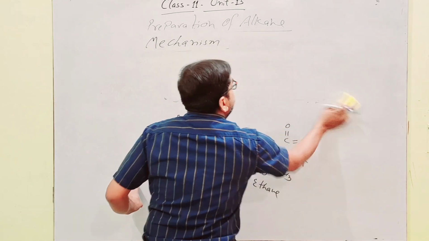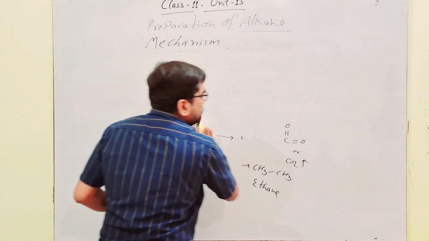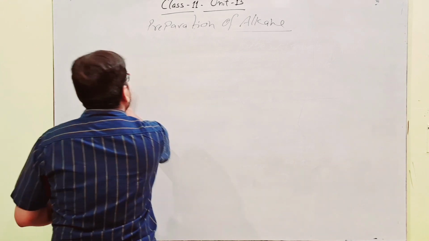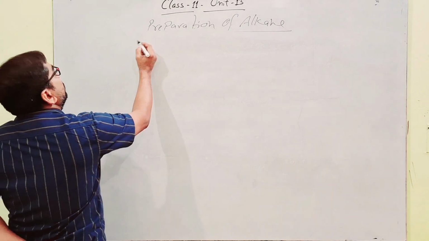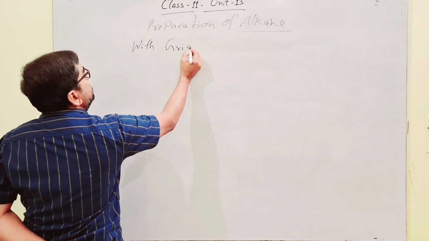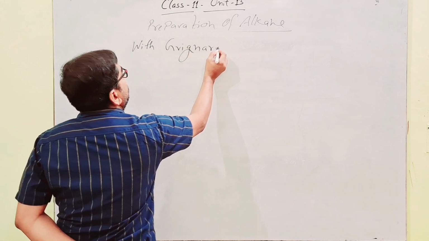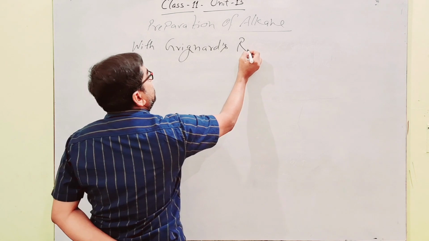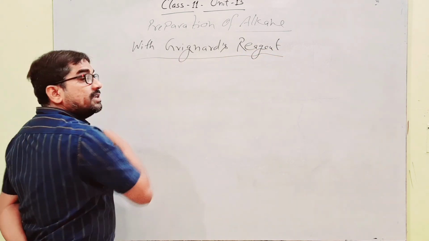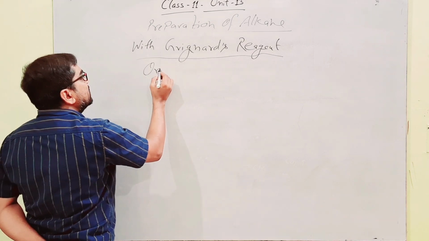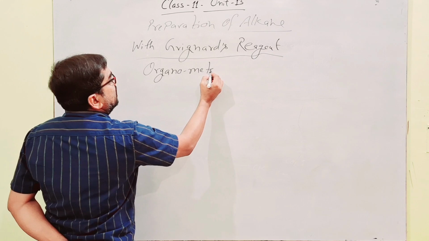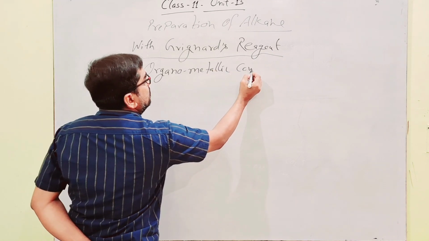Next, with Grignard's reagent. What is Grignard's reagent? Grignard reagent is an organometallic compound. What is an organometallic compound?